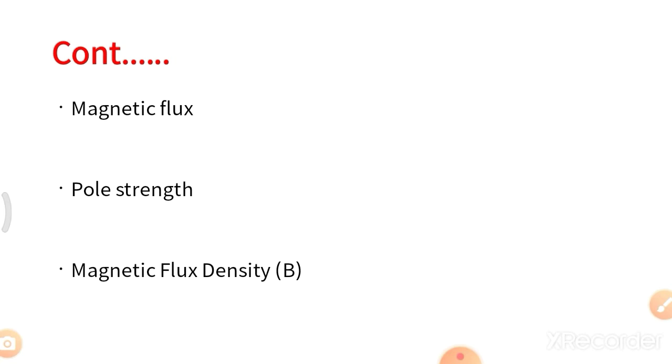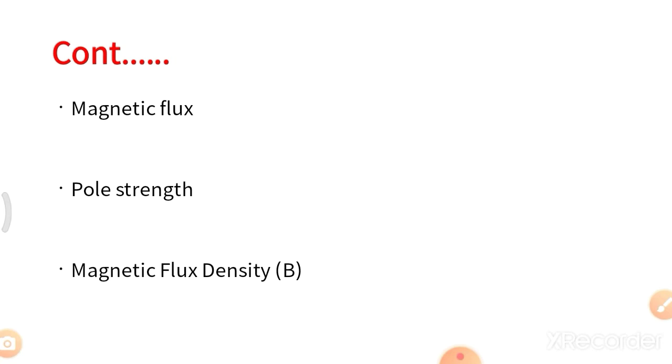Next term is magnetic flux density. It is denoted by letter B. It is defined as a total number of flux passing per unit area.